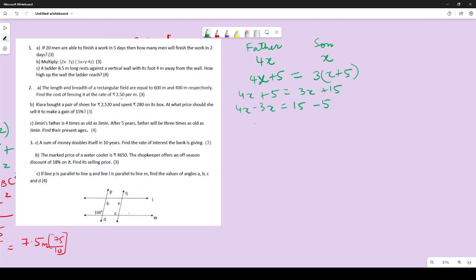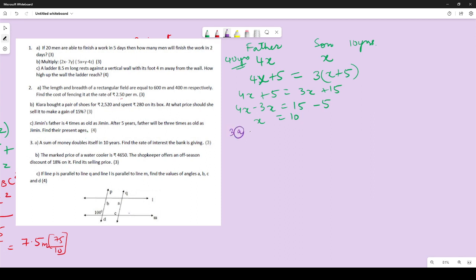It is transposed. So x is equal to 10. So that means the son's age, Jimin's age, is 10 years, whereas the father's age is 40 years. You had to find their present ages, right? Now let us take up the next question, which is question number 3, bit A. Okay.